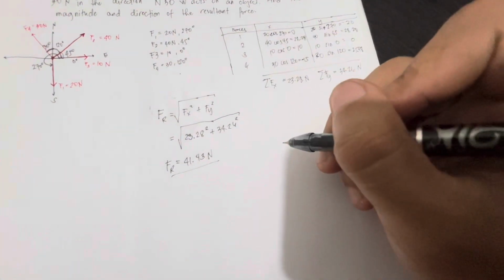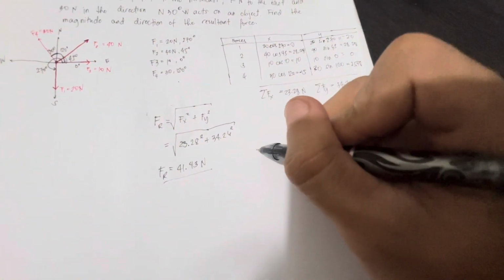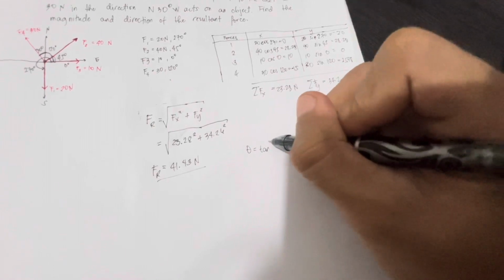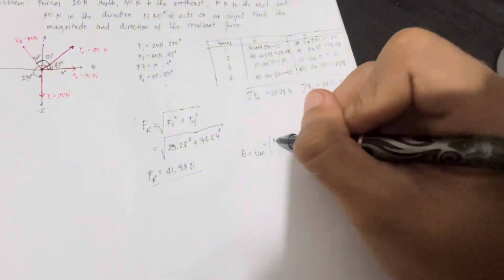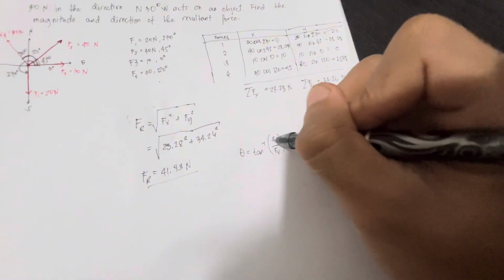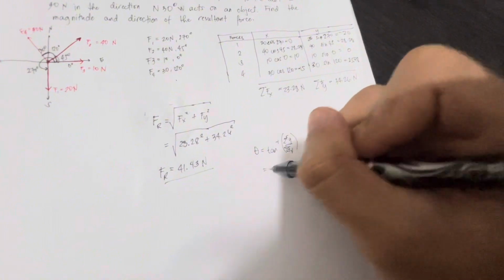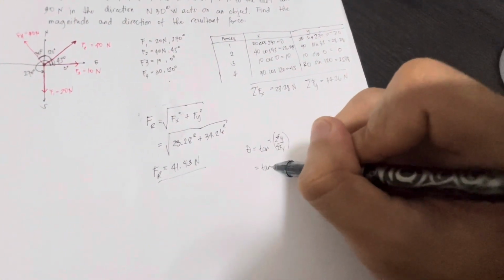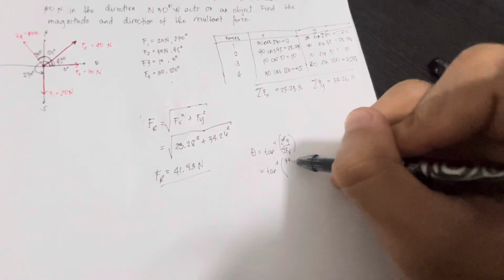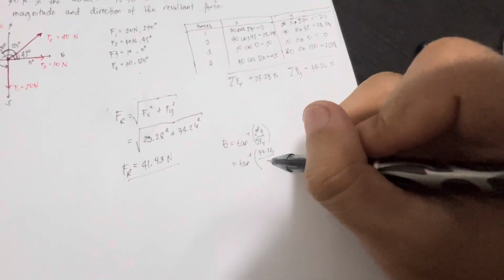Next step is to find the direction. So ang theta is just equal to the tangent inverse of summation of Fy divided by summation of Fx. So naa tay tangent inverse of 34.26 divided by 23.28.